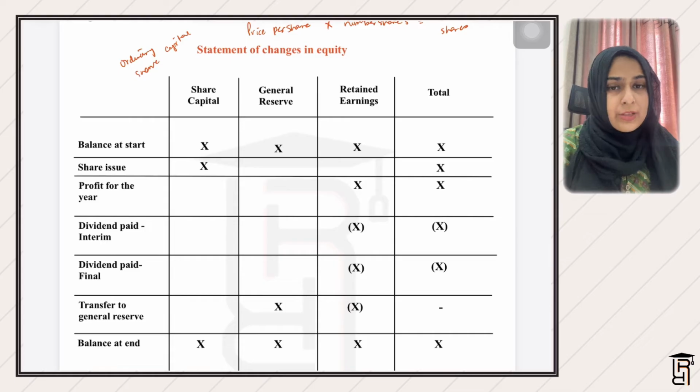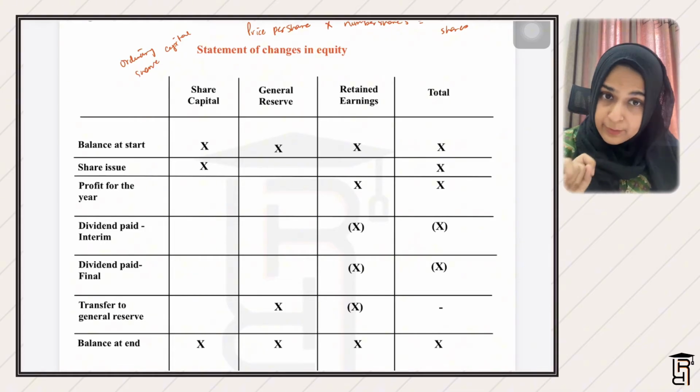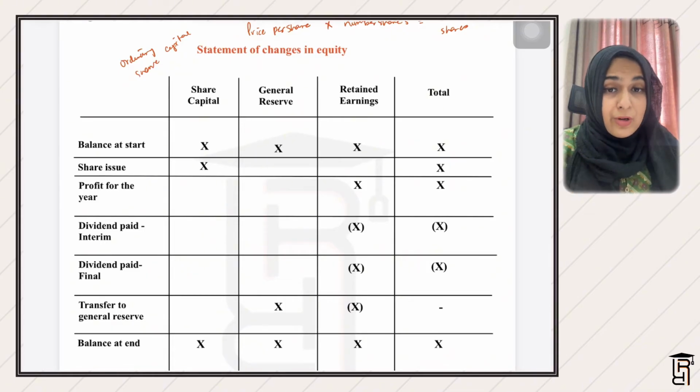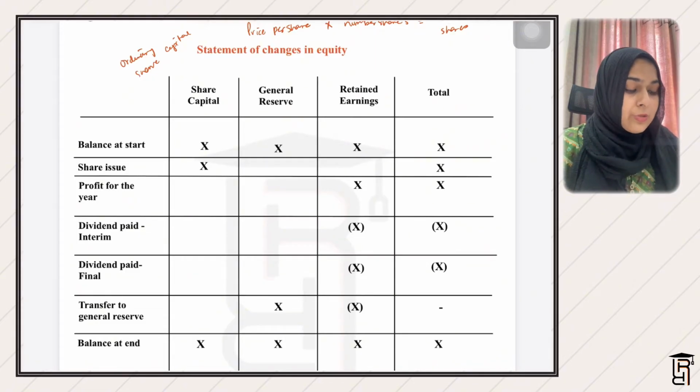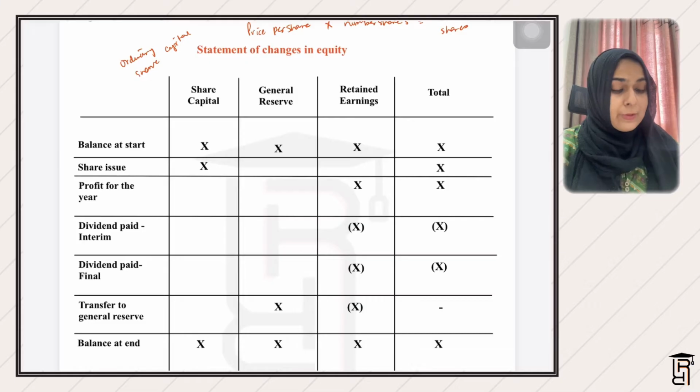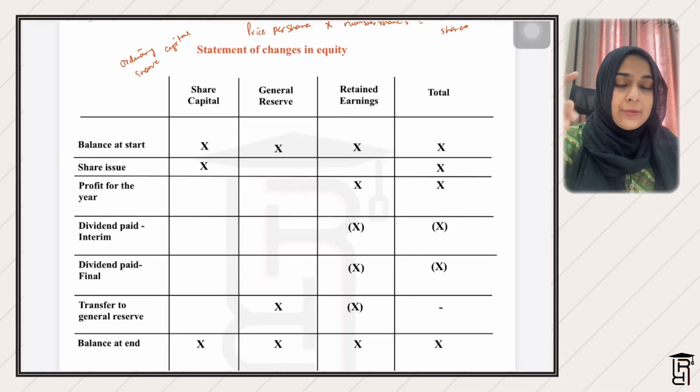If it's paid out, you write it in the statement of changes in equity. If it's just proposed, you don't write it. If it's paid, you subtract it from retained earnings, and obviously because it's paid out to shareholders, it's not part of equity anymore. So the row total will also be a negative value.